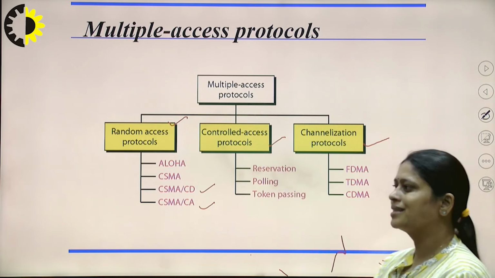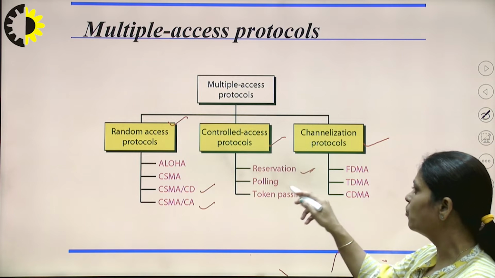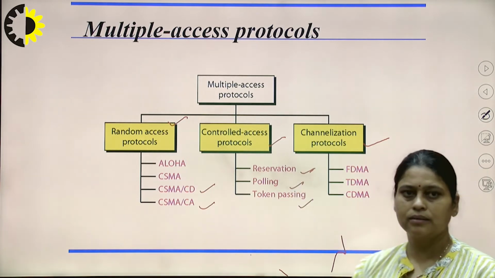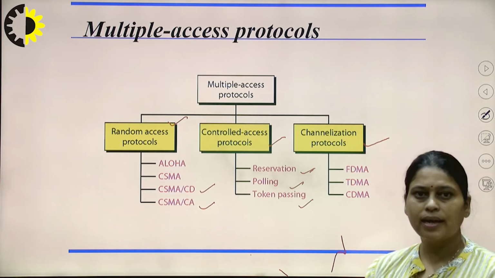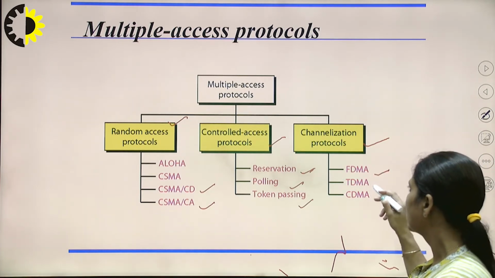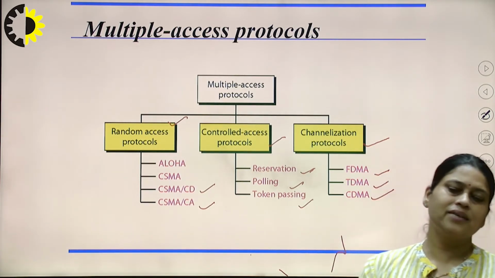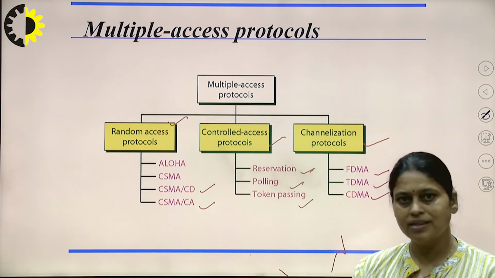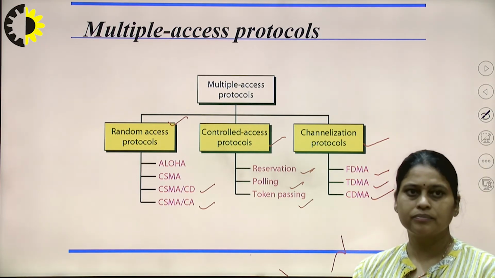In the controlled access protocols, we have three methods: reservation, polling and token passing. In the third category, channelization protocols, we use three methods: FDMA, frequency division multiple access, time division multiple access and code division multiple access.